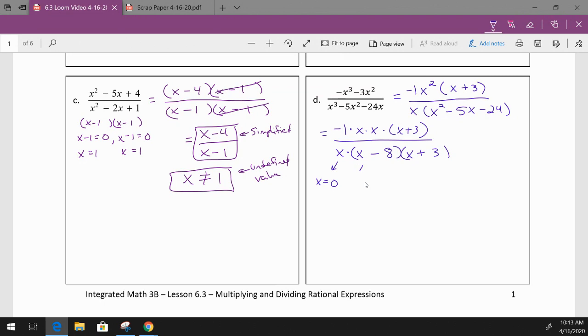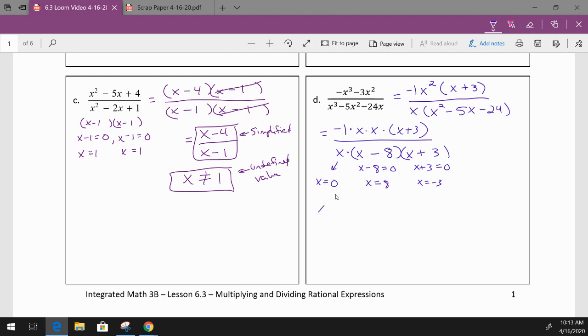Well, the factor of x minus 8, if we set that equal to 0, we would get x equals 8. The factor of x plus 3, if we set that equal to 0, we would get x equals -3. But the problem is we don't want the denominator to equal 0, because when the denominator is 0, it makes the fraction undefined.